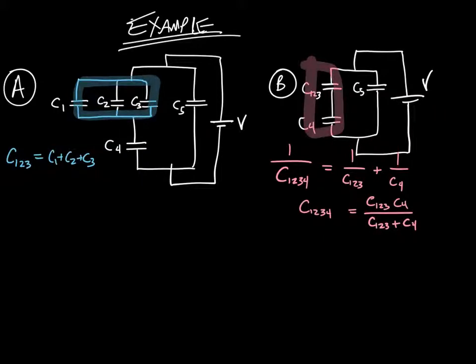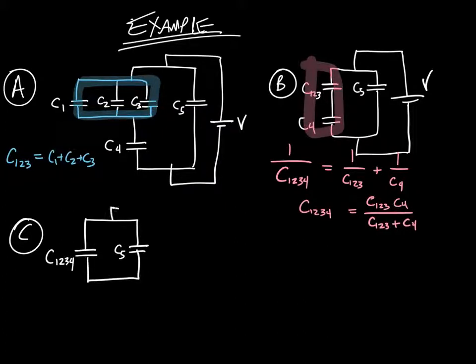So that means circuit C could be written as the equivalent capacitance now, C1, 2, 3, 4, in parallel with C5, and all of that parallel to the battery. So, again, parallel, that's the easy one, you just add them.